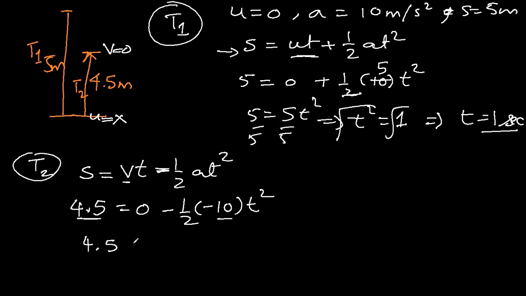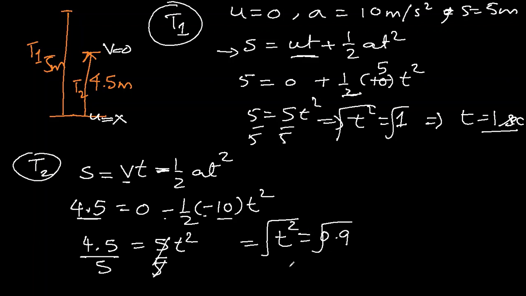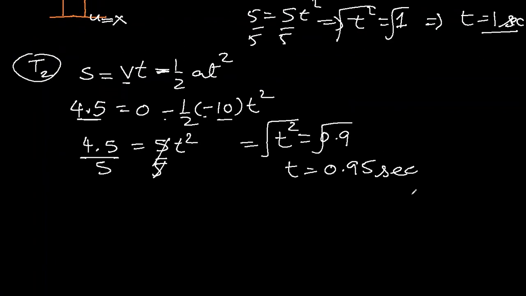So 4.5 equals this negative and this negative makes positive, it's 5t squared again, divide by 5, so t squared equals 4.5 divided by 5, 0.9, and if we square root, t will be about 0.95 seconds, and that makes sense.